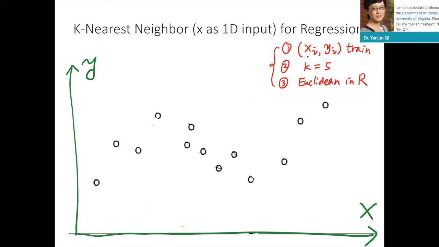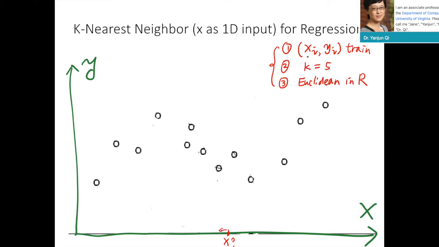So let's assume there's a future point, maybe here. This is my x question mark. How could I know its nearest neighbors? It's actually very simple.